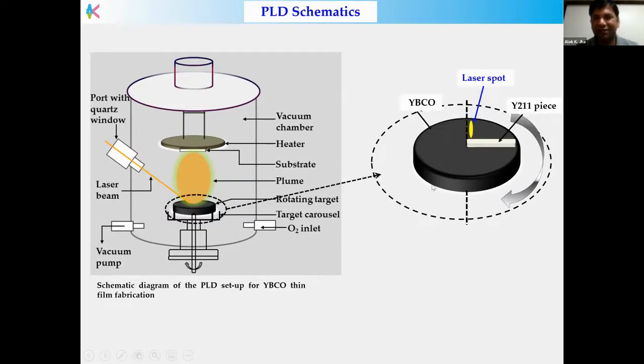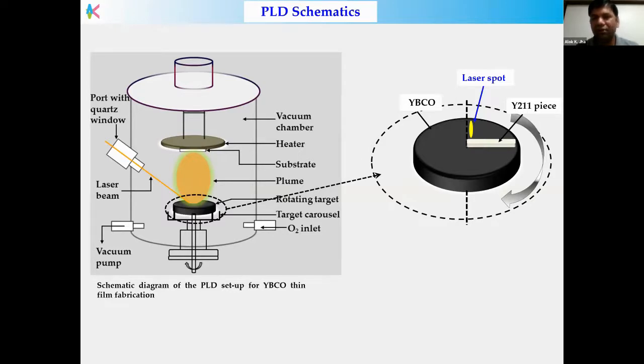This is a pristine YBCO target, and we attach a thin rectangular piece of secondary phase, in this case Y211. As the target is rotated, these two portions, the YBCO portion and the Y211 portion, are ablated alternately, which gives rise to the composition of YBCO and Y211 in the final film.